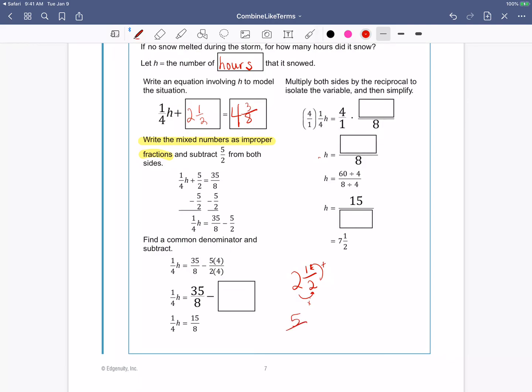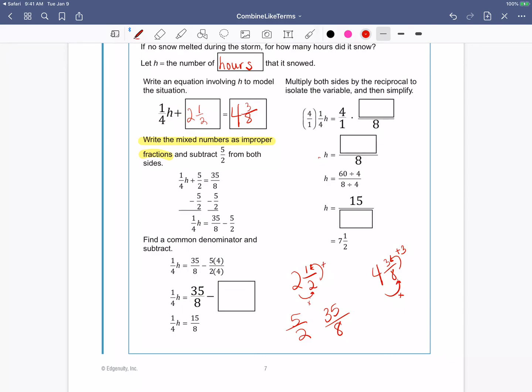So 5 halves, right? Now I do the same thing with 4 3/8. 4 times 8 plus 3, and that's going to give me 35. That's 4 times 8 is 32, plus 3 is 35. So 35 over 8.